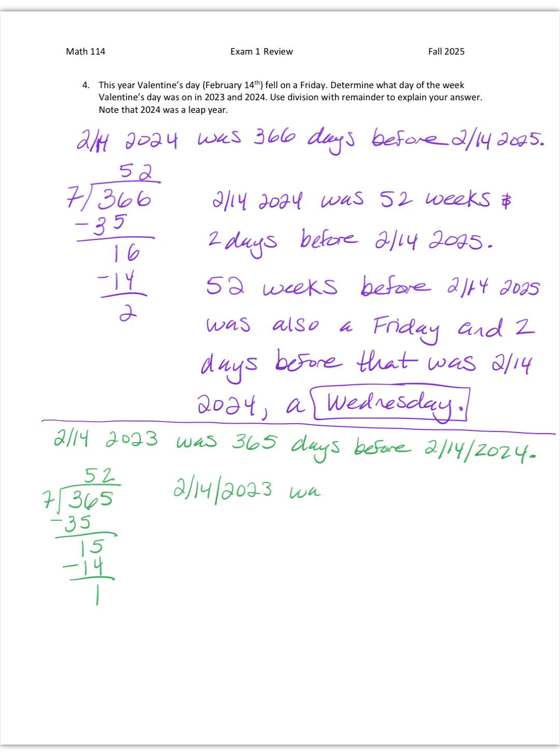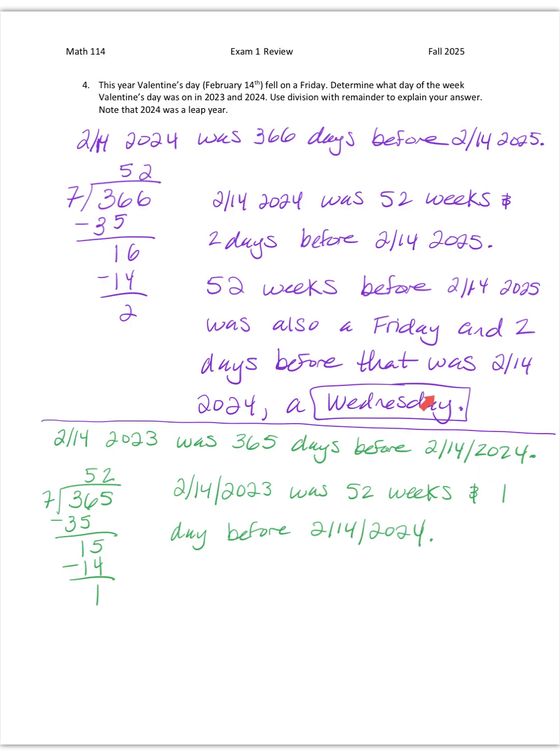So now we can say February 14th, 2023 was 52 weeks and one day before February 14th, 2024. Okay, so 52 weeks before would make it another Wednesday, because Valentine's Day in February in 2024 was a Wednesday.